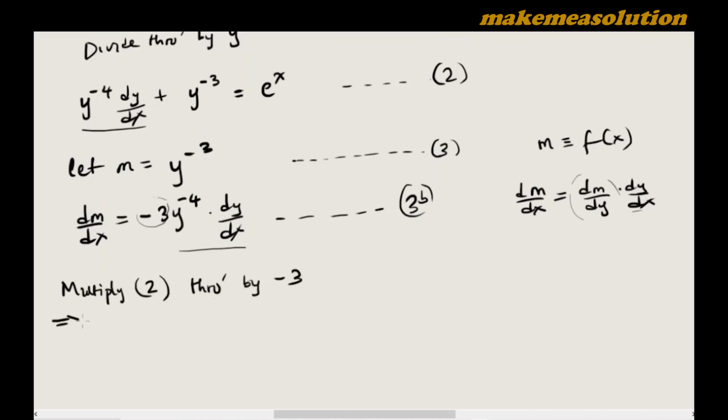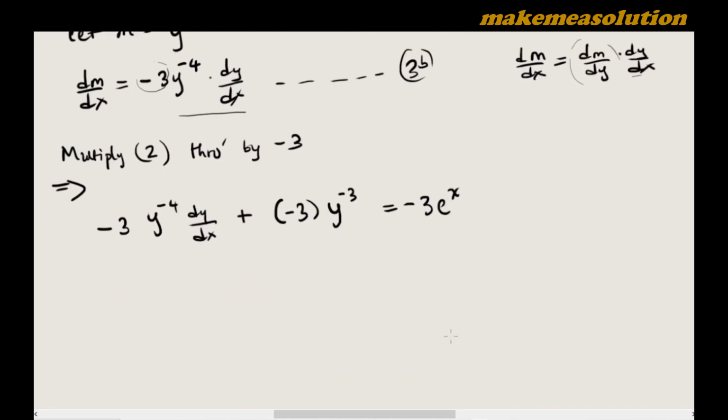So in multiplying equation 2 by minus 3, you're going to get minus 3 y to the minus 4 dy dx, then plus minus 3 y to the minus 3 is equal to minus 3 exponential x, like this. Is that okay? I hope we are all together.